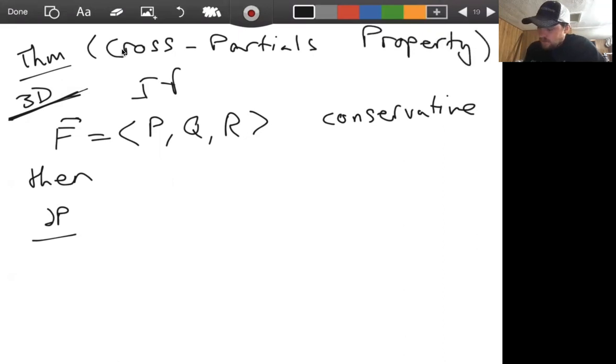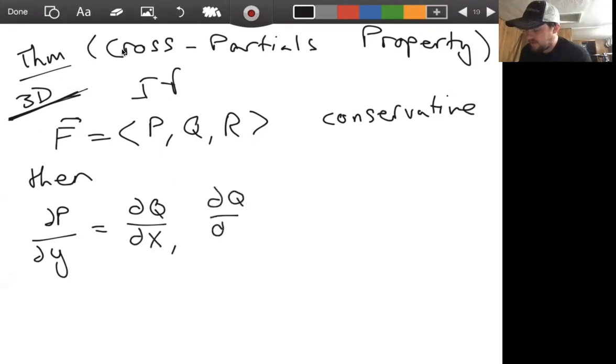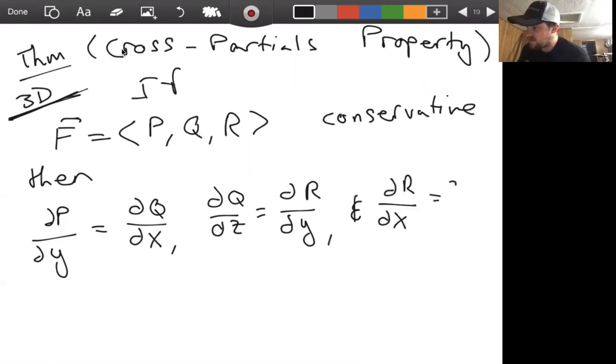We'll have del P del Y is the same as del Q del X. So this is the same as the 2D case, but now we also have that del Q del Z is the same as del R del Y, and we also have that del R del X is del P del Z.